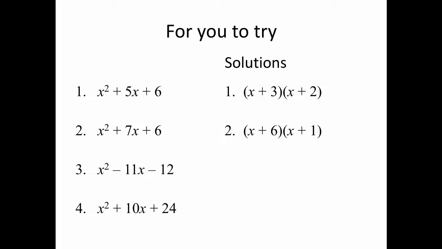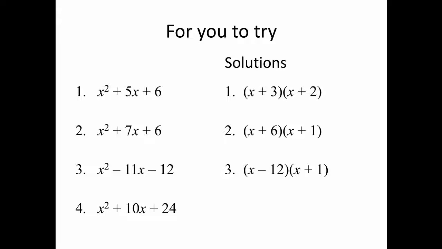In problem 3, we need two numbers that multiply to negative 12 and add to negative 11. And those numbers would be 1 and negative 12. So the factors would be x minus 12 times x plus 1. And finally, we need the factor pairs that multiply to 24 and add to 10.